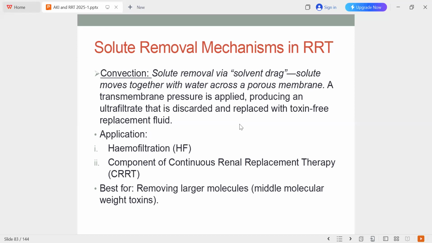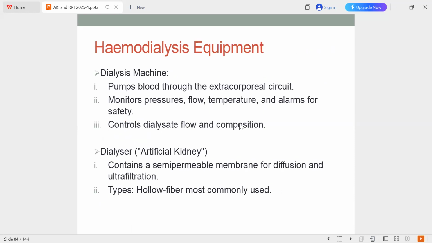A transmembrane pressure is applied, producing an ultrafiltrate, which is later discarded and replaced with toxin-free replacement fluid. This is what is used in hemofiltration and continuous renal replacement therapy. Convection is useful for removing large molecules, like the medium molecular weight toxins.